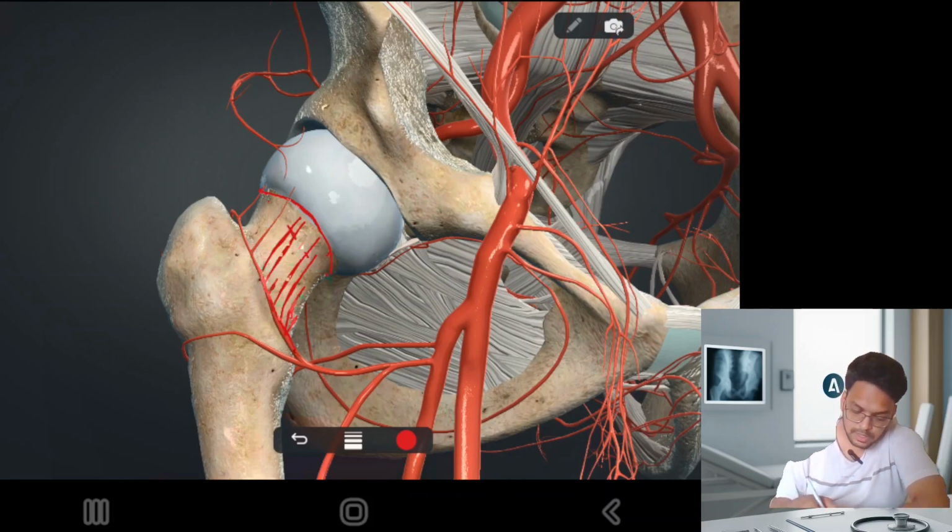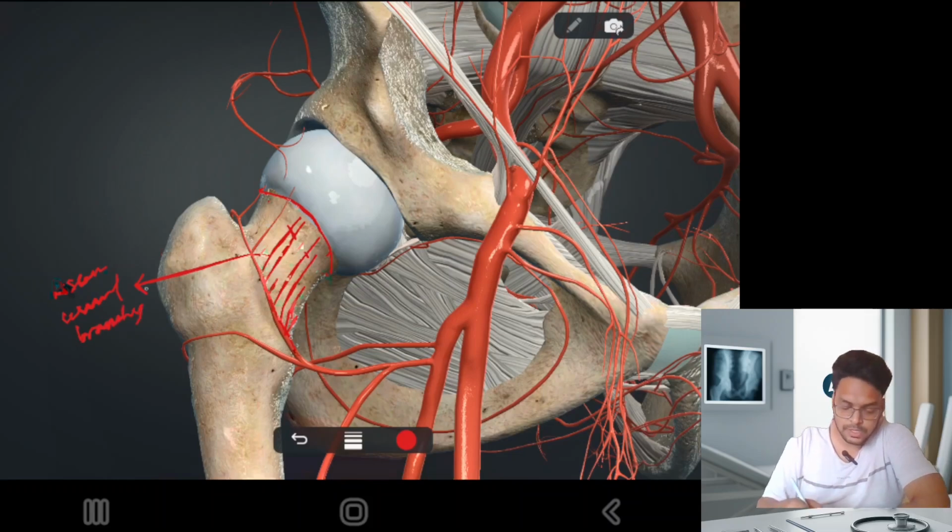These ascending branches are called the ascending cervical branches. At the base of the head, that is the subcapital region, there is another ring which is inside the capsule, and it is called the intracapsular arterial ring.